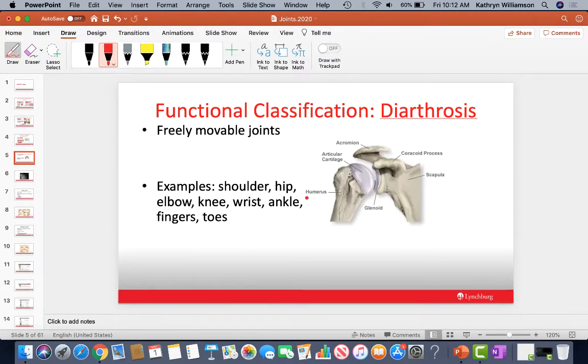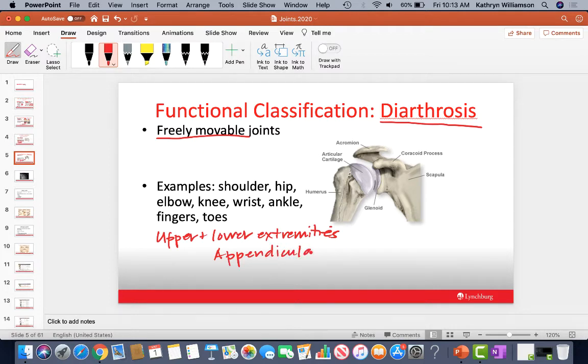And then we have our freely movable joints. These are diarthrosis joints. They can move in all these different planes of motion. Examples of diarthrotic joints are basically any joint in your upper and lower extremities, meaning arms and legs, also meaning our appendicular skeleton.